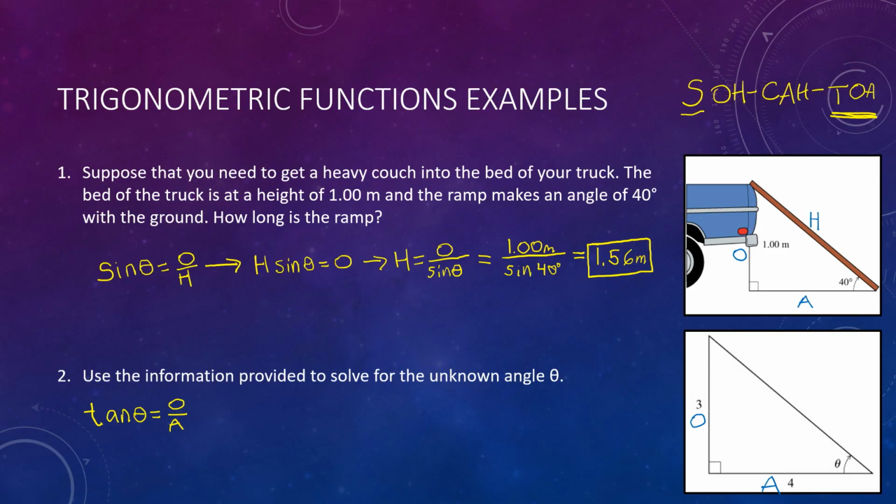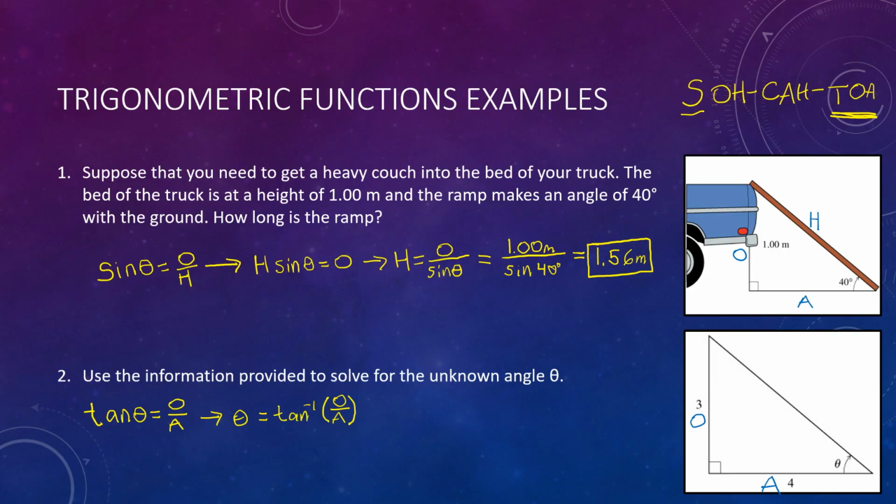We are looking to solve for the angle theta, so to get theta on its own, we take the inverse. Theta is equal to the inverse tangent, tan raised to the minus 1, of opposite over adjacent. Anytime you look for an angle, you're going to be using these inverse functions.